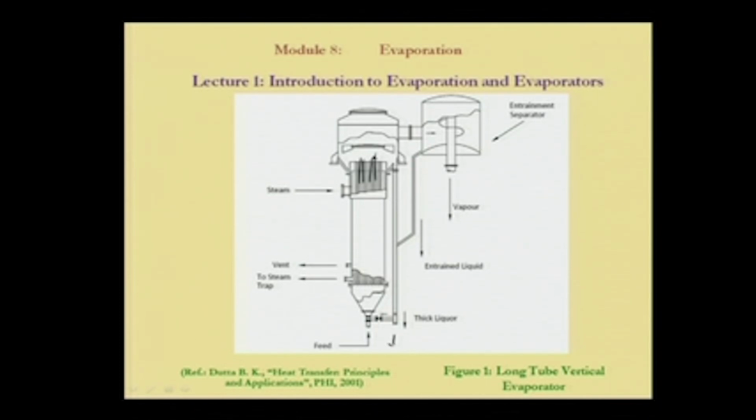There is the thick liquor that is coming out, and this is called steam trap, and there is a vent. Vent is for any kind of non-condensable gas, if it is there, that is allowed to come out, and there is the steam chest, the steam is going for heating.